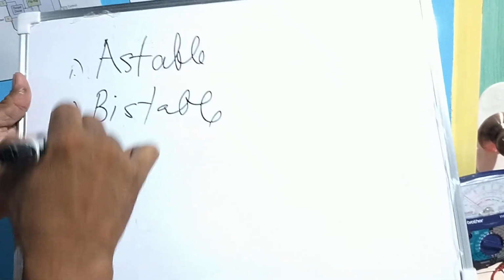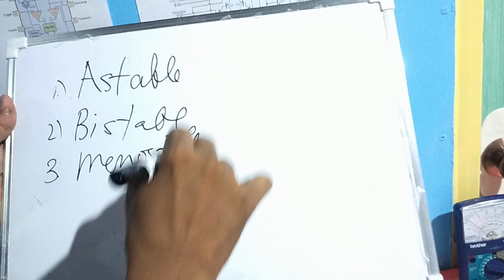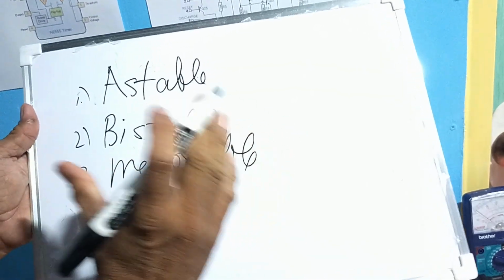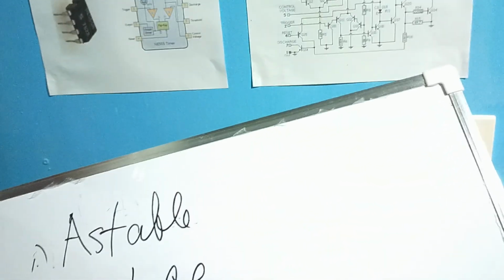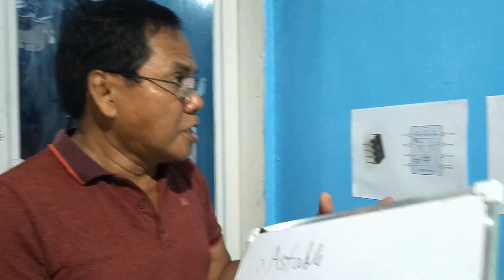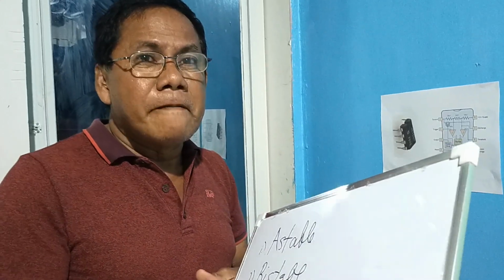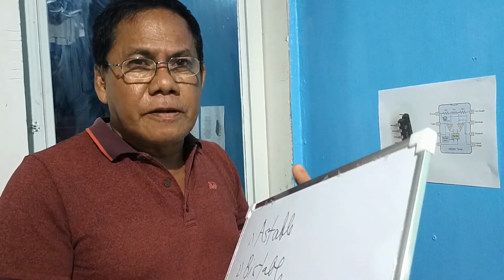And the third one is monostable multivibrator. These are the three important modes of operation of this 555 timer IC.